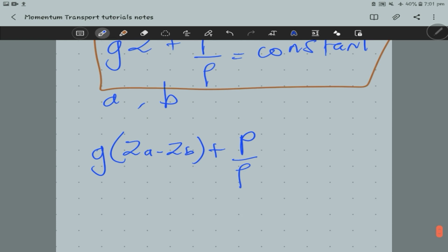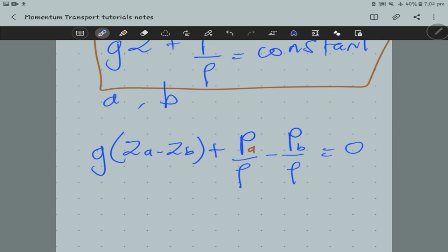Because we moved it to the other side, it's still on the left-hand side. So we have position A pressure, and position B pressure and density. All of this is zero because it's the same fluid.